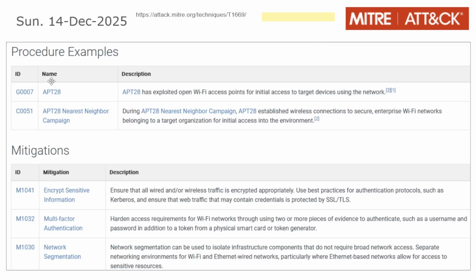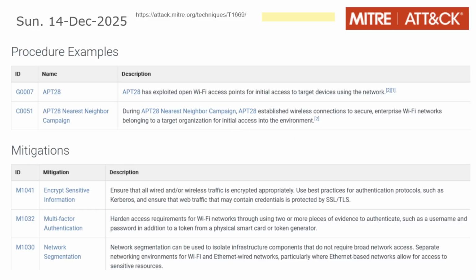So ATT&CK has exploited open Wi-Fi access points for initial access to target devices using the network. That's a group, and here we have a campaign, the Nearest Neighbor campaign. During that, the actor established wireless connections to secure enterprise Wi-Fi networks belonging to a target organization for initial access into the environment.